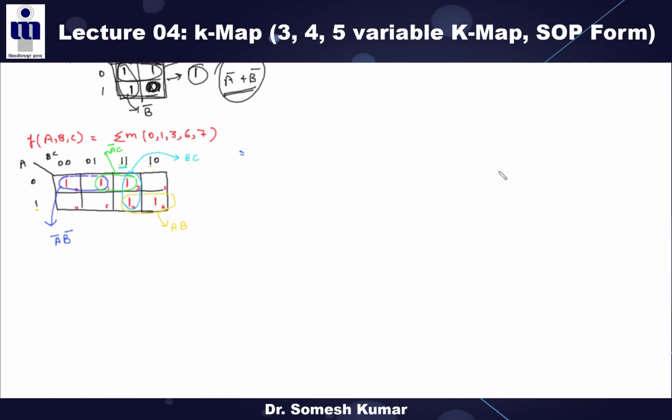Here this is your first pairing, this is your second pairing, and this is your third pairing, right? So this fourth pair we can ignore. This fourth pair, because in the fourth pair, already this one is paired with the other pair, and already this one is also paired with the other pair. So we can ignore this BC, right?